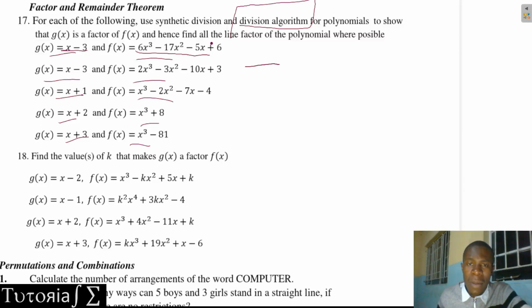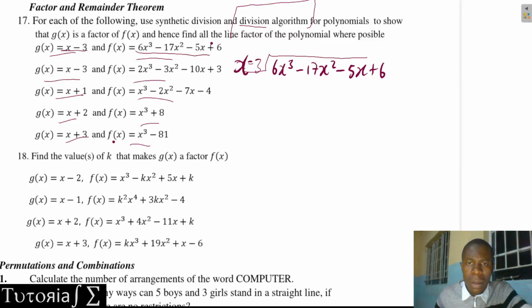We're going to write the long division properly. We simply say x minus 3 divided into 6x to the power 3 minus 17x squared minus 5x plus 6.